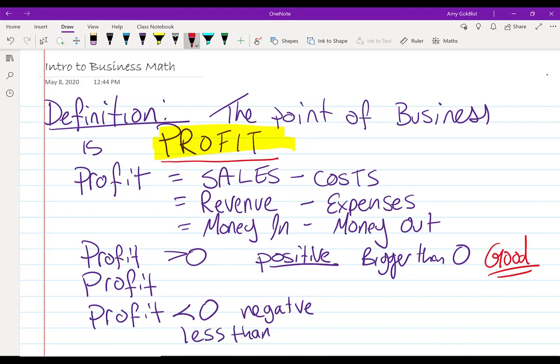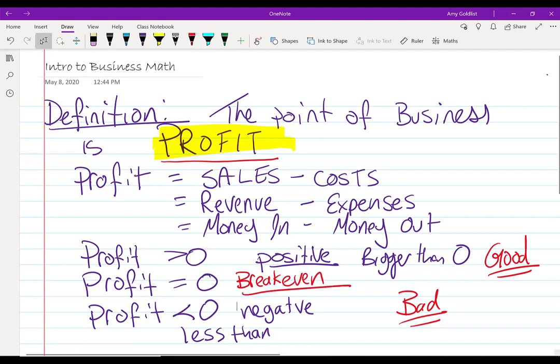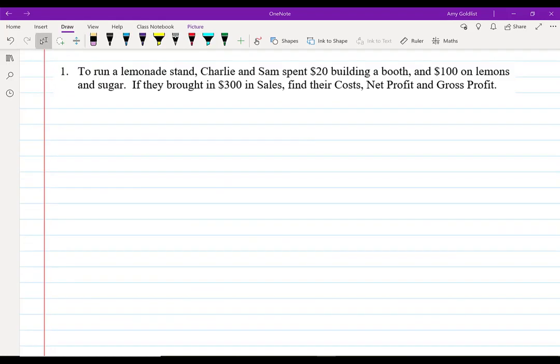I'm going to write that that is less than. That is going to be bad. Finally, when profit is exactly zero, that is what we're going to call the break-even point, and we'll get back to that in a couple of weeks. But the word for a profit of exactly zero, when sales equals cost, is break-even.